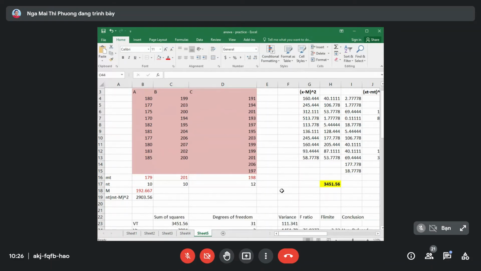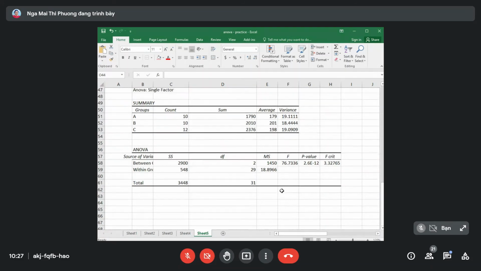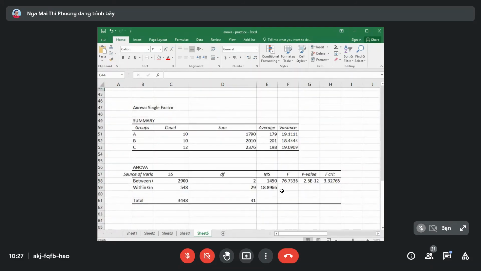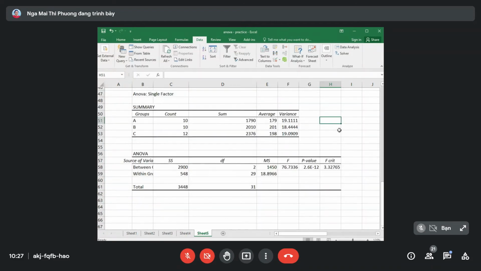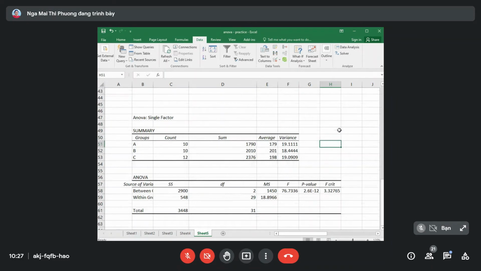So I show you the ANOVA. Maybe you know already. Instead of doing it by hand, by using Excel, we have the ANOVA integrated into Excel.